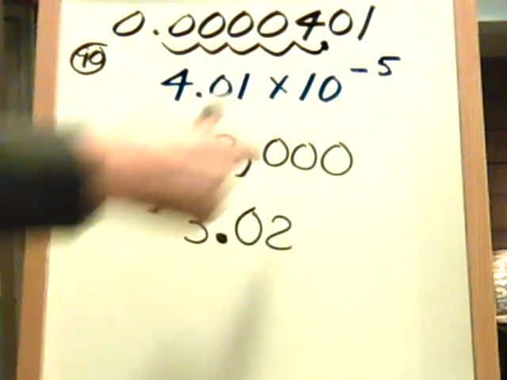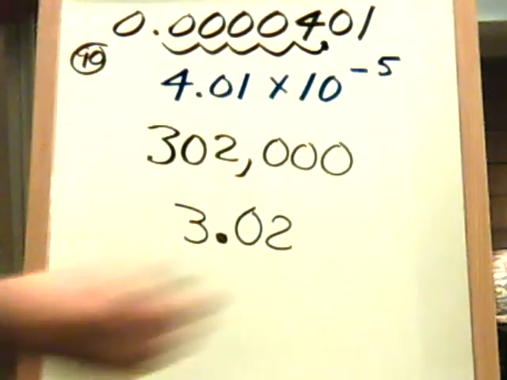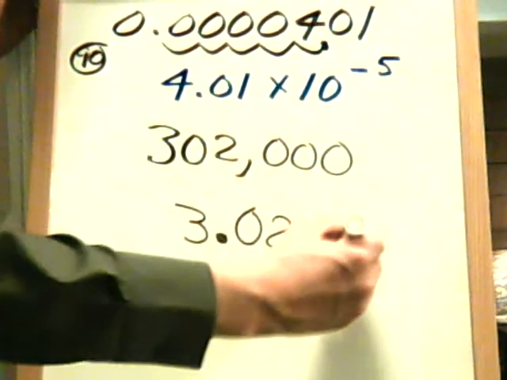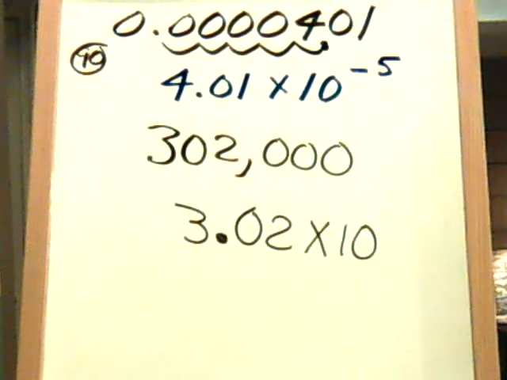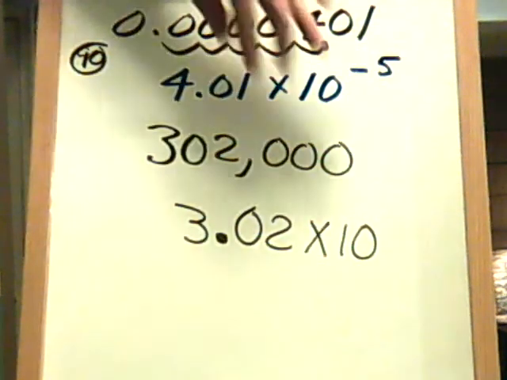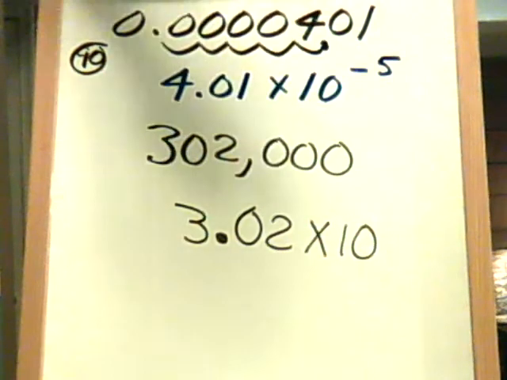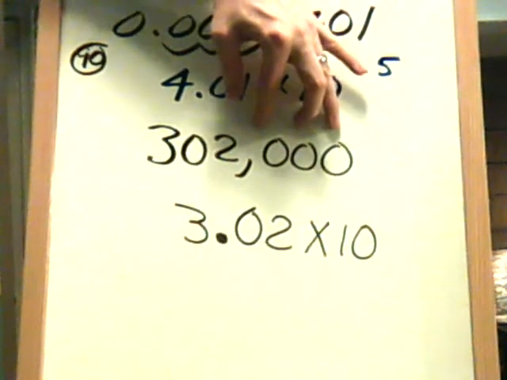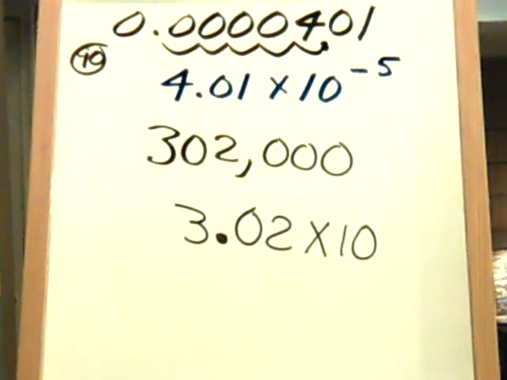All these zeros are the ones that are going to be cut off. You do times 10. And the question is, how far is it? A lot of people think it has to do with the number of zeros, so this is going to be times 10 to the third. No. It doesn't have to do with the number of zeros. It has to do with moving the decimal point.